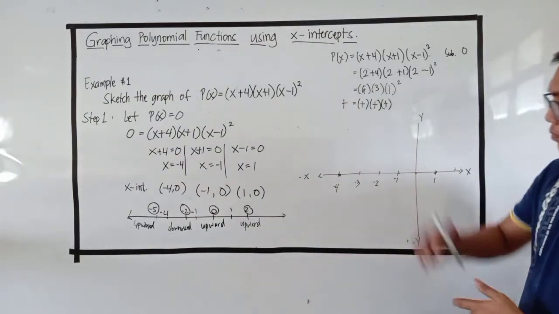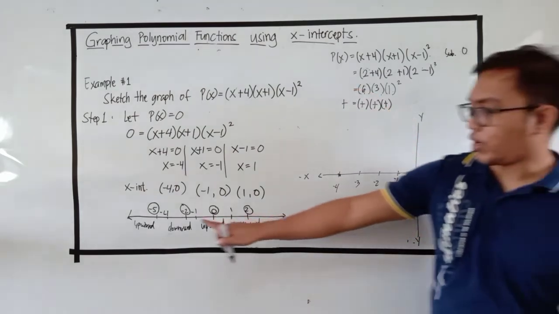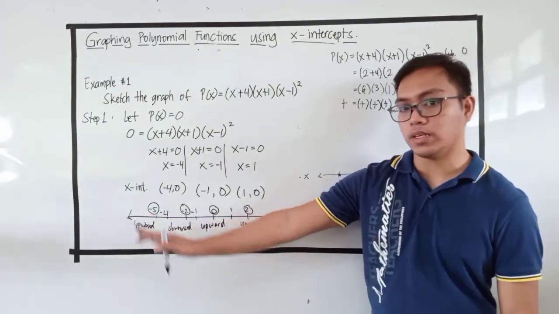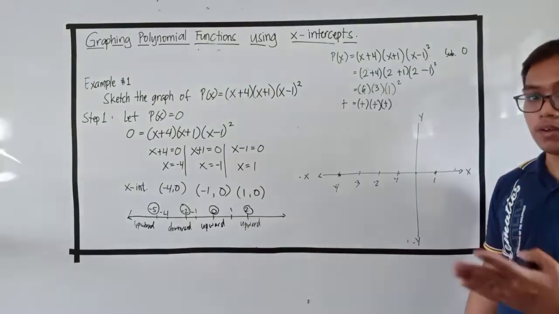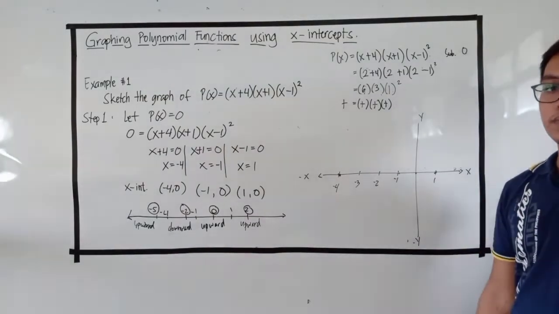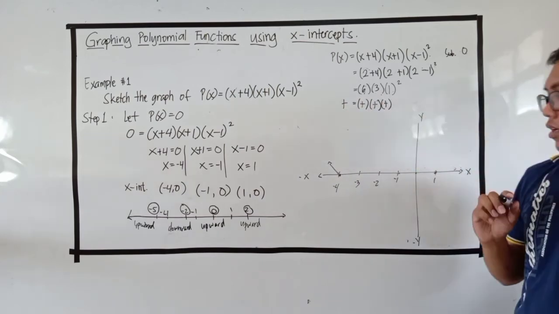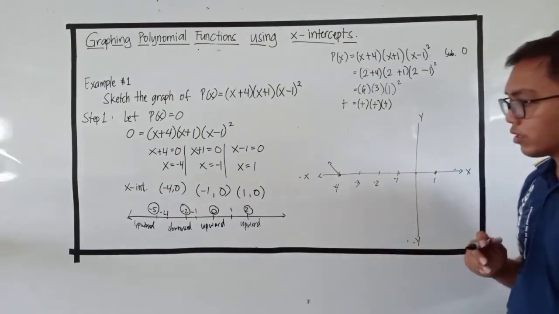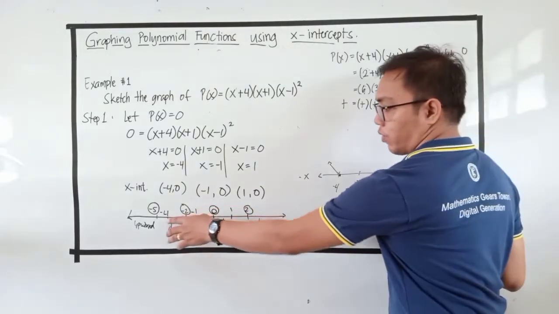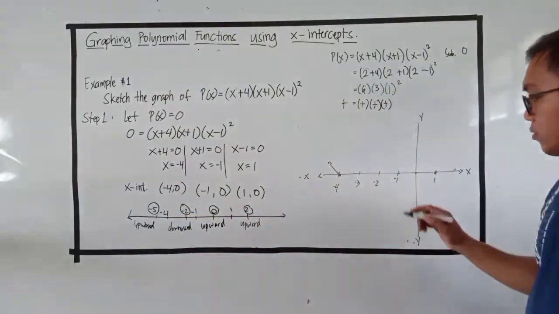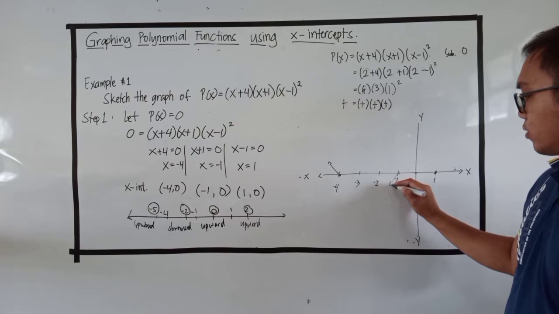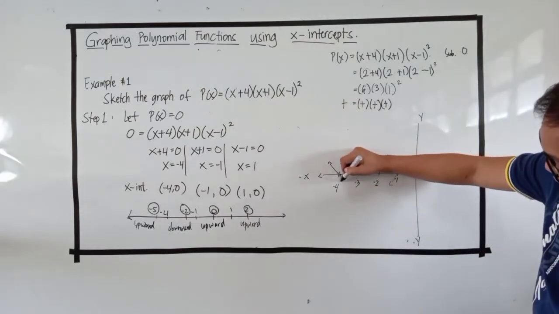That's the graph. So, on the left side of negative 4, the graph is upward. And in between negative 4 and negative 1, it's downward.